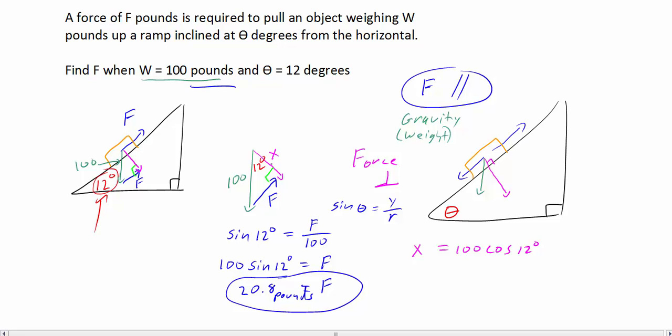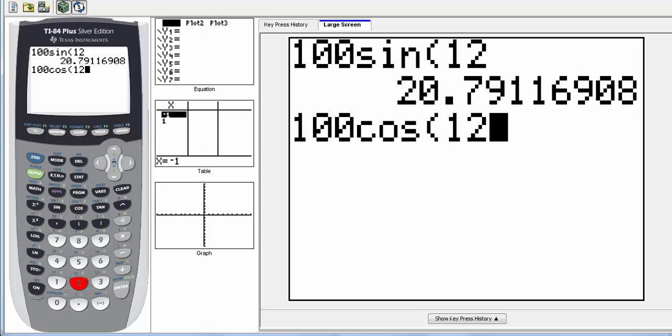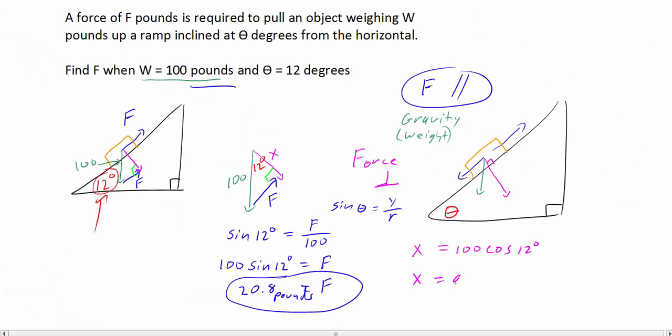That would find this side because this is the adjacent side. So we would have 100 cosine of 12, which gives 97.8 pounds of force. So that's how much force is acting here down against the side of the ramp.